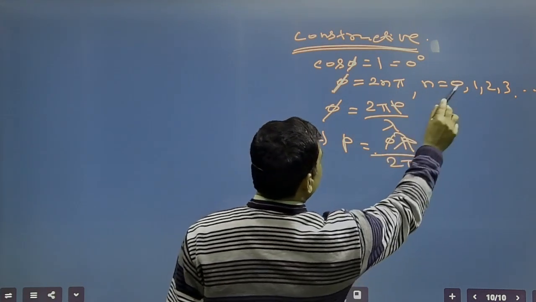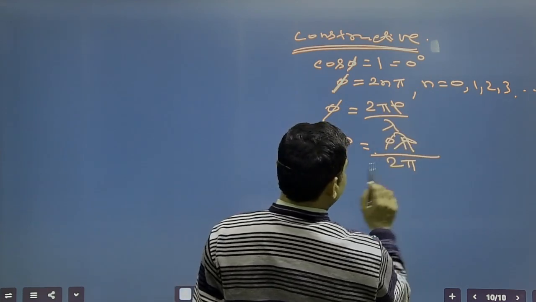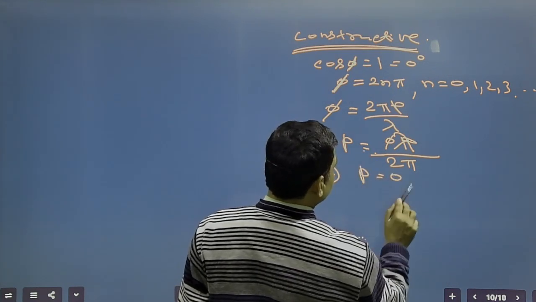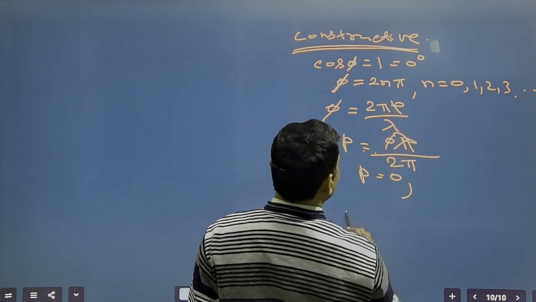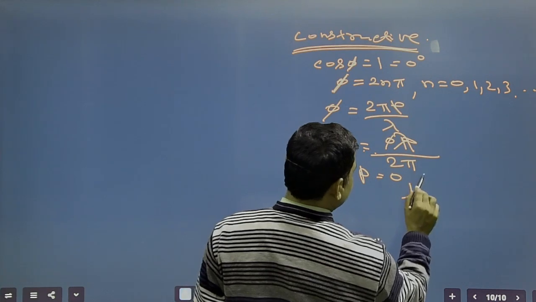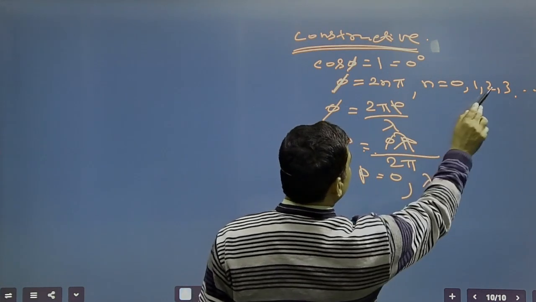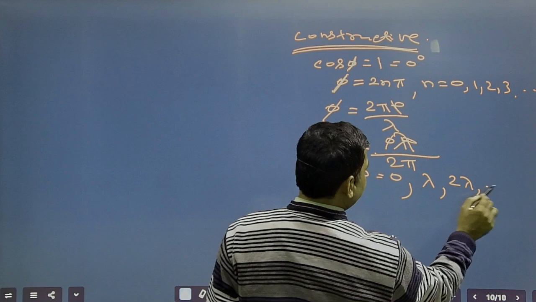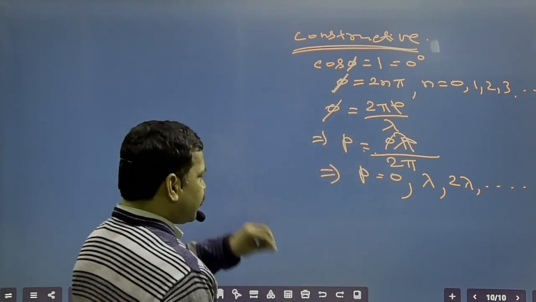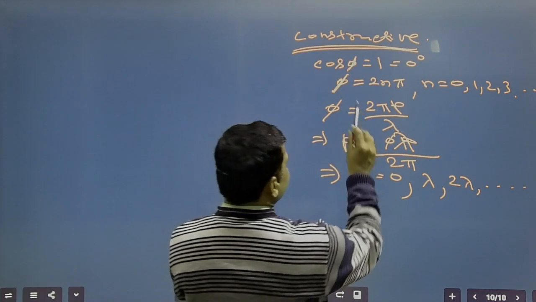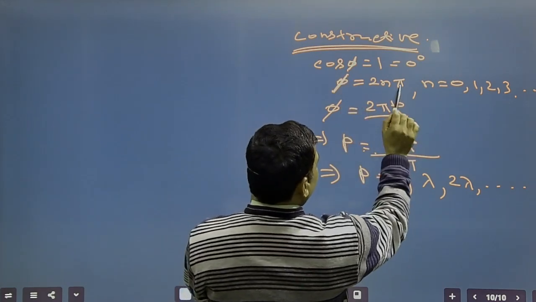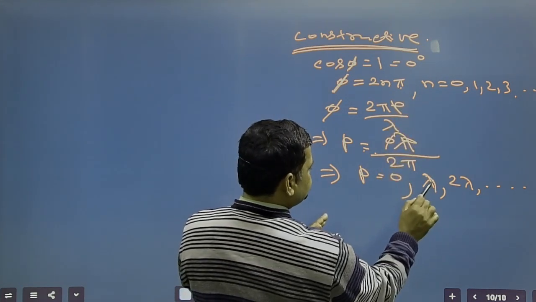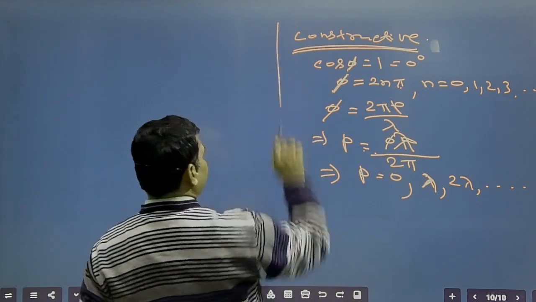If n is 0, then p is 0. If n is 1, phi is 2 pi, so 2 pi by 2 pi cancels out and we get lambda. Similarly if n is 2, phi is 4 pi, so p is 2 lambda, and similarly we get the other points. So constructive interference takes place when the phase difference is an even multiple of pi, or the path difference is an integral multiple of lambda. I think this part is clear to you all.